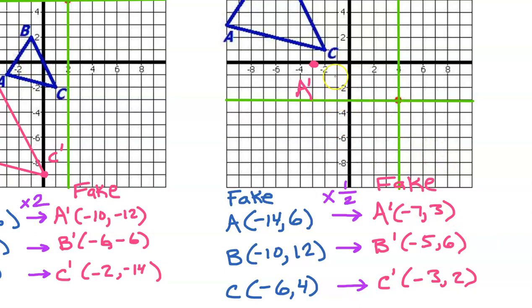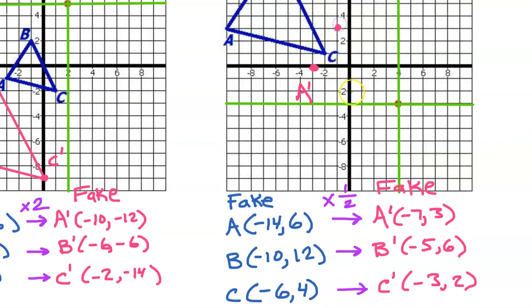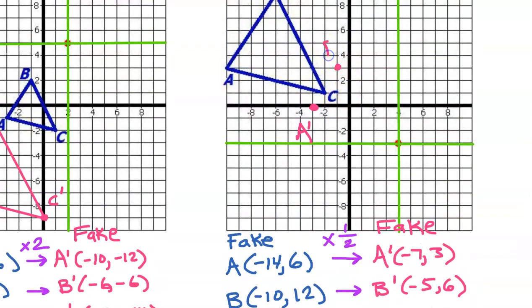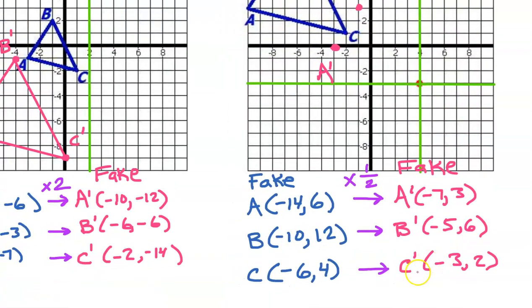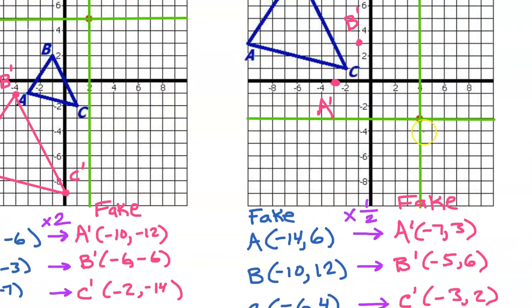There's negative 5, and here is 6. So this is B prime. And finally, fake C prime is negative 3, comma 2. So from here, I'm going to go left 3 and up 2. So this will be C prime.